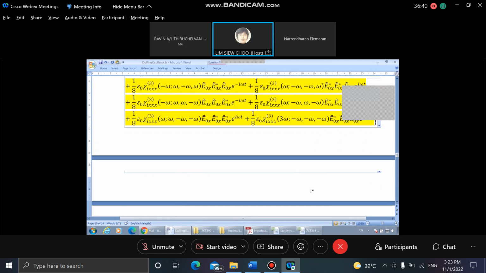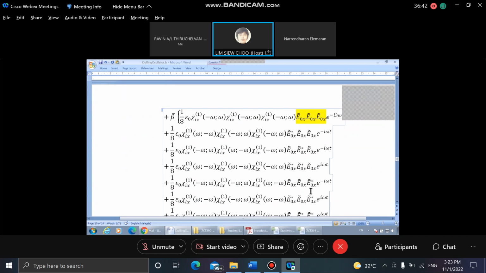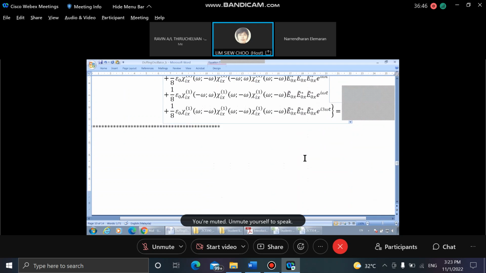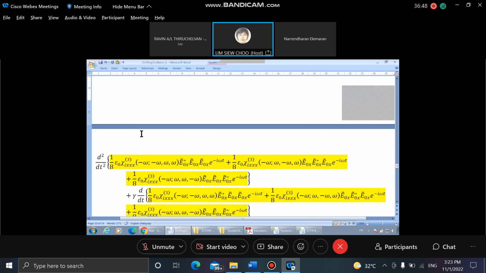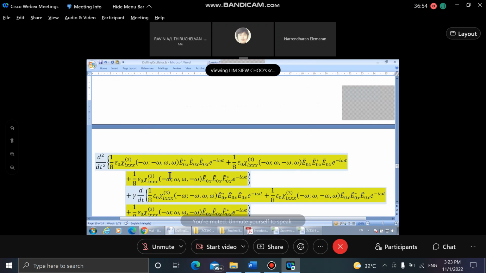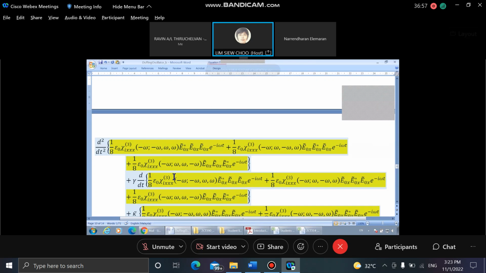And then this is, you can see, all the chi1. Okay, so after this is my simplification. As I showed to you last week, we can simplify because we are interested only in the terms that carry the exponent negative i omega t. So altogether, all the terms will retain only 3 terms.